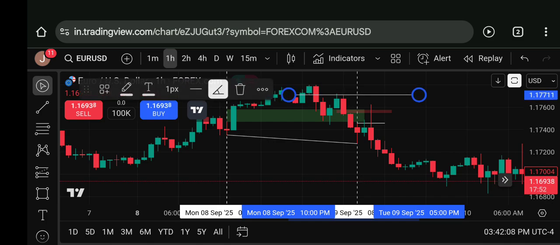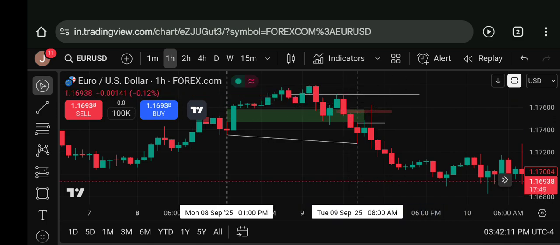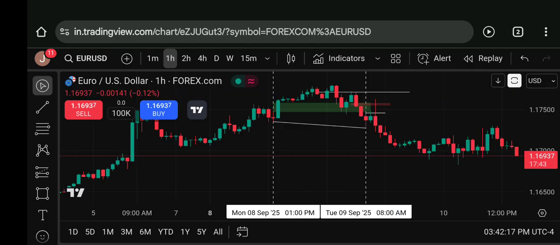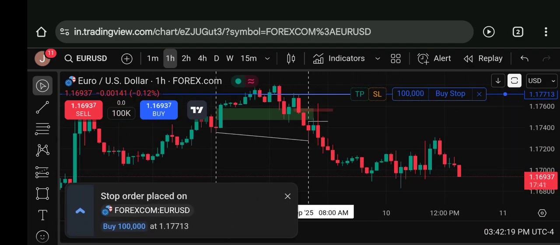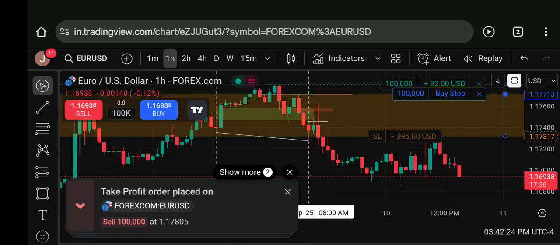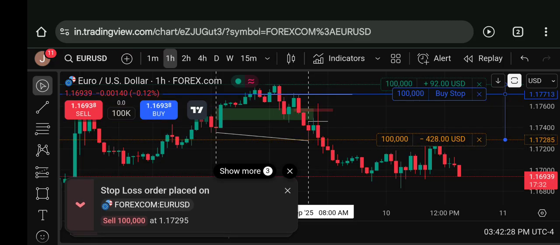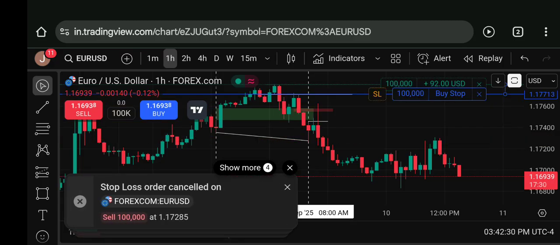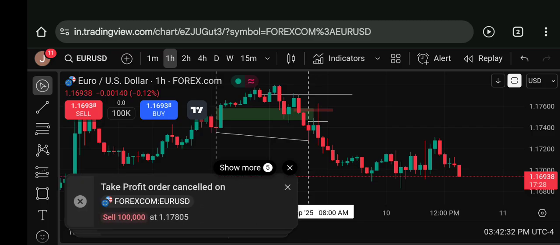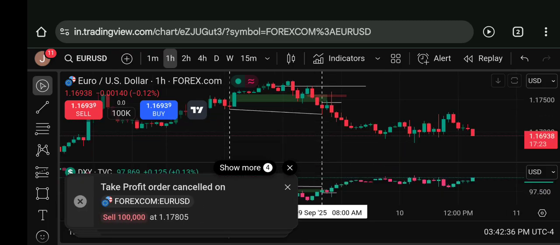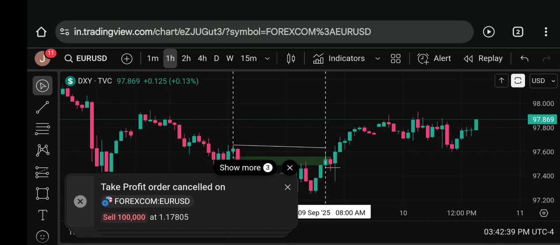Actual market structure shift above this red candle, but that would be a very small scalp, right? So the take profit goes to here, and the SL would be very big. That's why I lost this trade without an actual market structure shift.